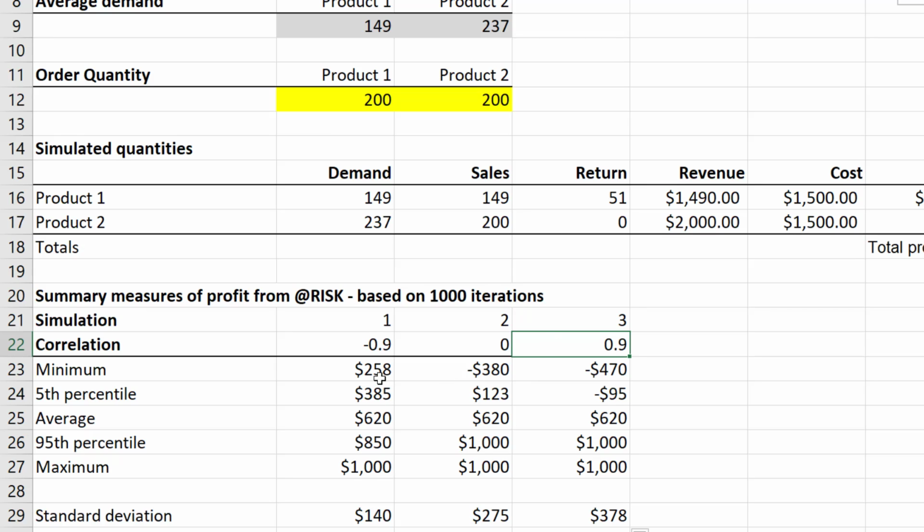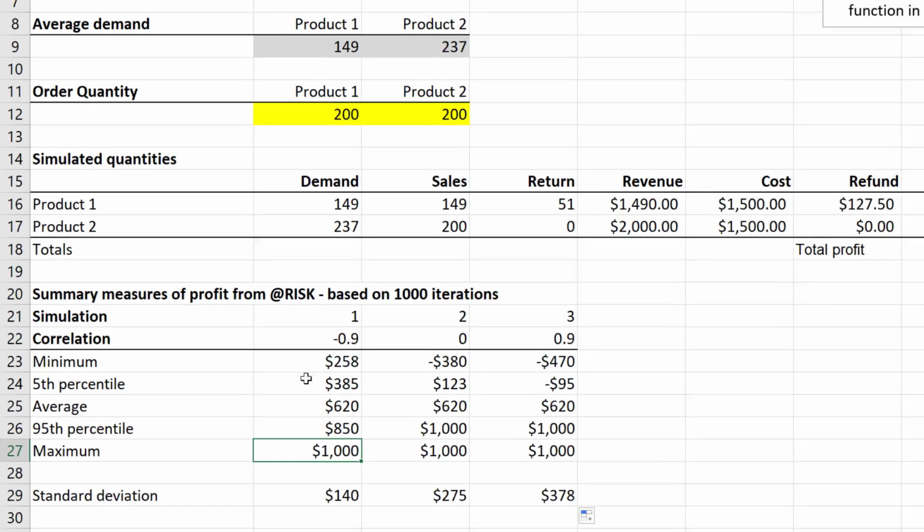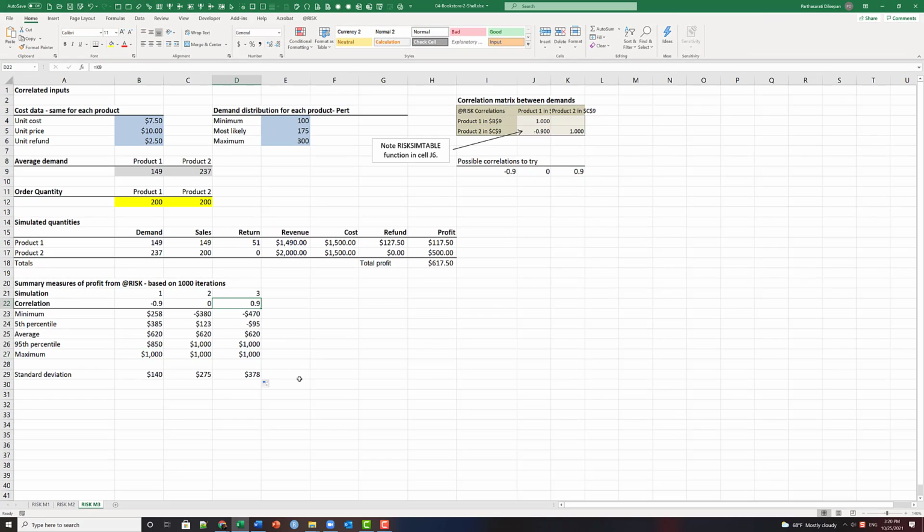So there is mitigation of risk, so there is a lower standard deviation, and then you have an even distribution. When they are highly correlated, so if one demand goes down, the other goes down as well, and therefore the risk is higher. You have minus 470, and then your standard deviation is very high as well.